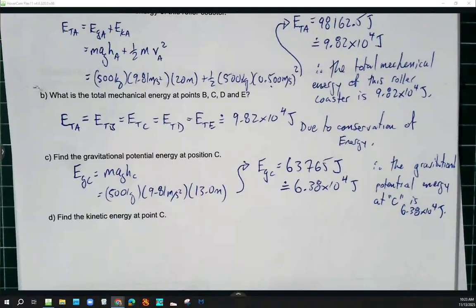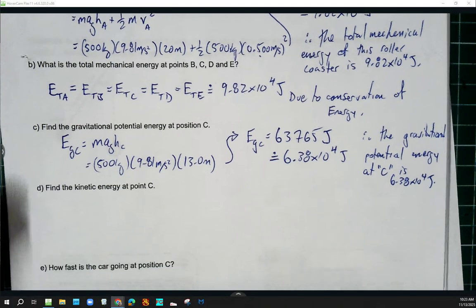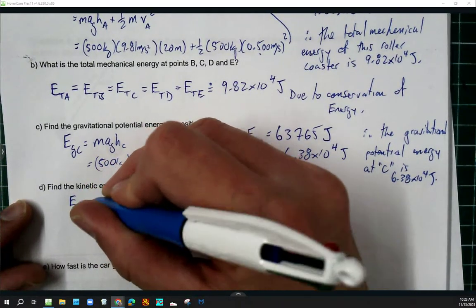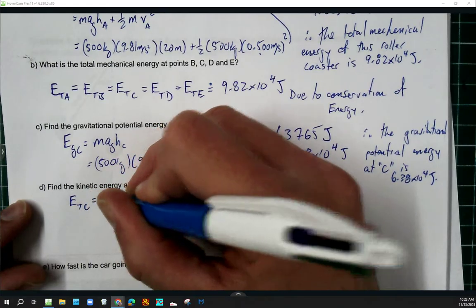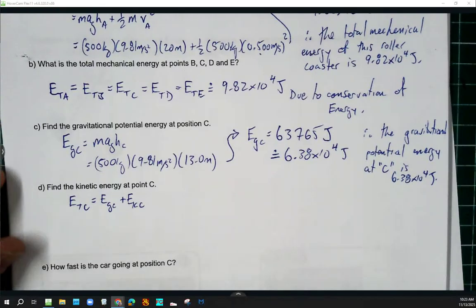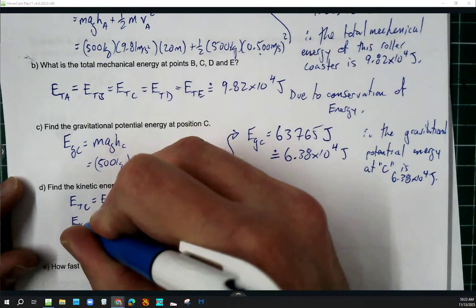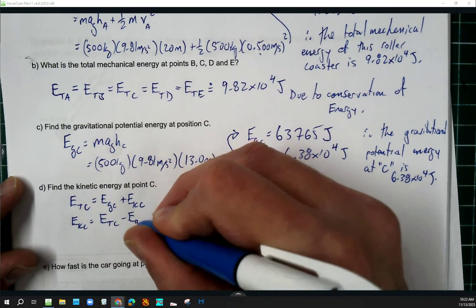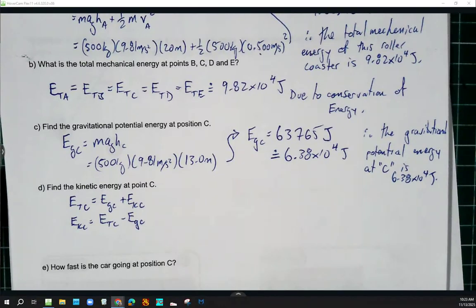That seems fairly straightforward. And then it says find the kinetic energy at point C. Well, okay, this seems an awful lot like something we've maybe seen before. But we could say, well, E total at C is going to be equal to EGC plus EKC. We know that means that EKC is going to be equal to E total C minus EGC, just getting EKC all by itself.